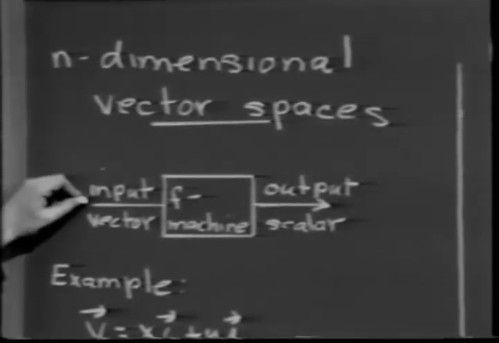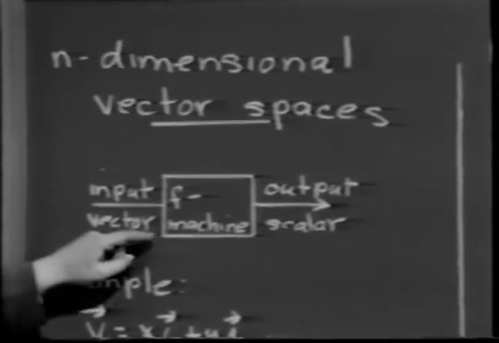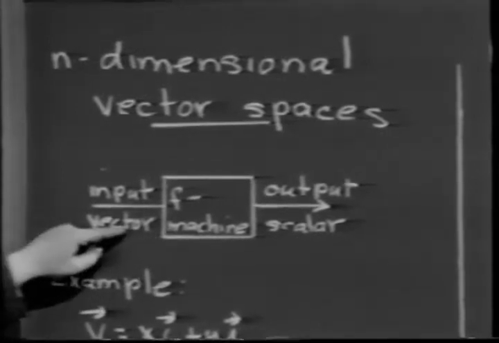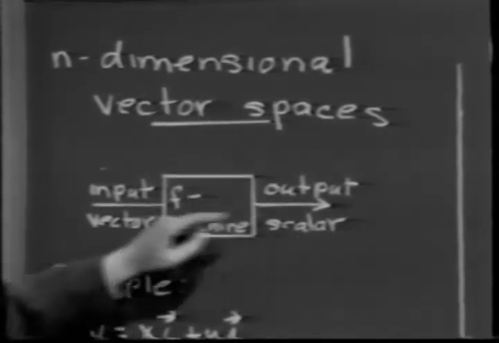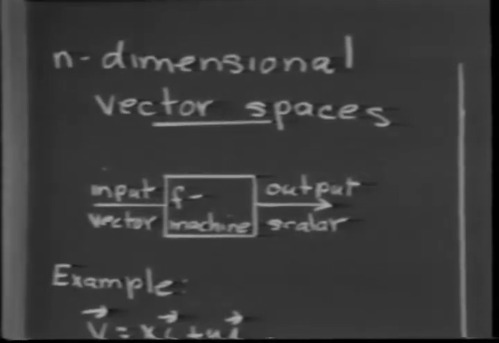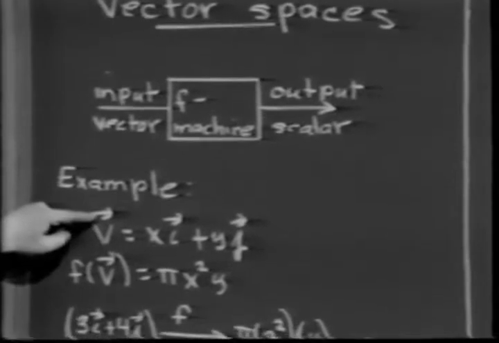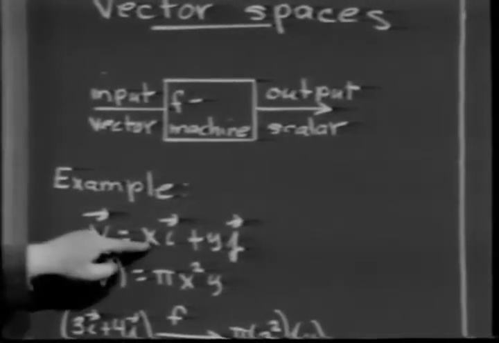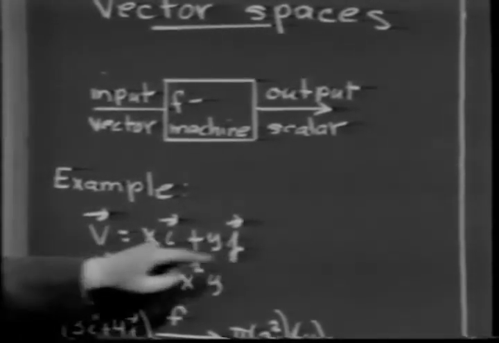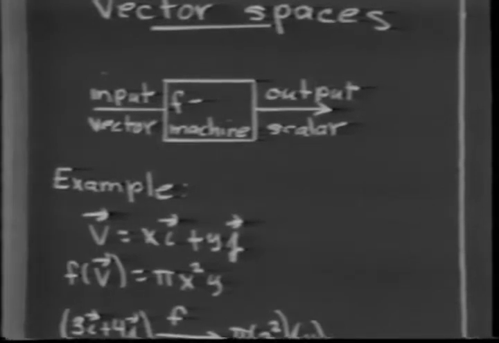Let's consider a function machine where my input is a vector and my output is a scalar. As an example, let V represent the vector whose form is xi plus yj, using i and j components.